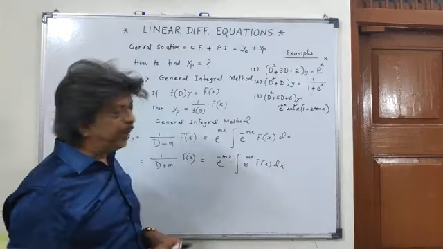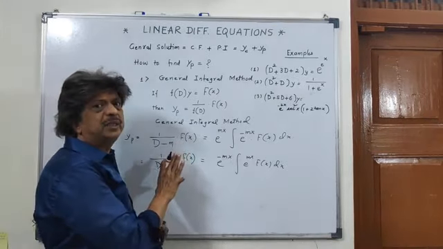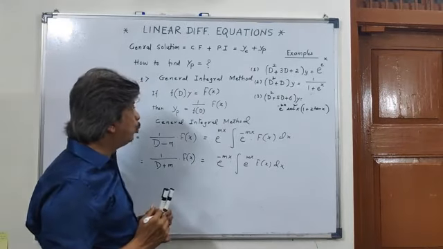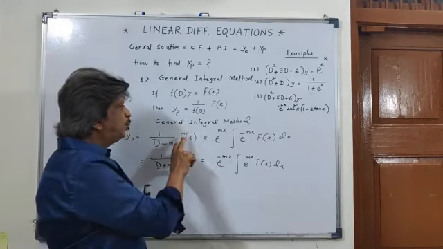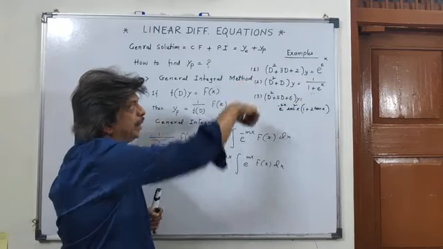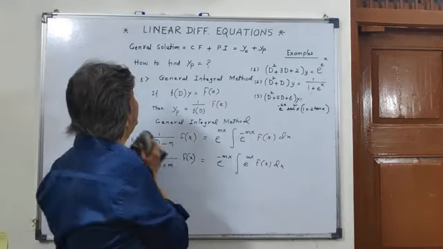So you need to remember these two formulae. This is nothing but the general integral method. Now, subject to these two formulae, we would be determining the particular integral of these three examples.